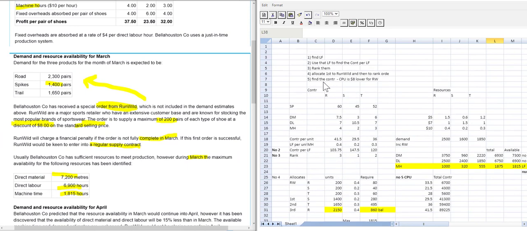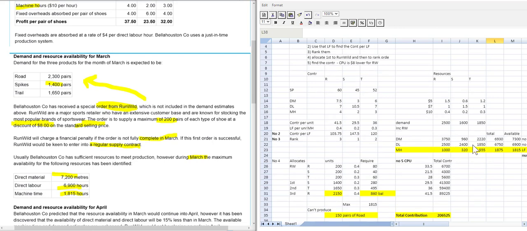So I've done that by writing out my plan. Then I've taken everything from the scenario that I was going to use to be able to calculate the number of resources for each to make each unit of R, S and T, and then times that by the demands to get the total required, compared it to the available to find which one was the limiting factor, then use that limiting factor per unit to calculate the contribution per limiting factor and ranking them.